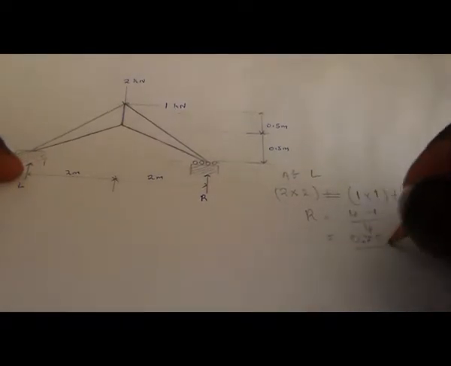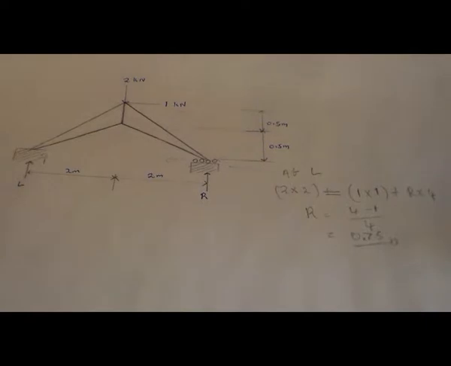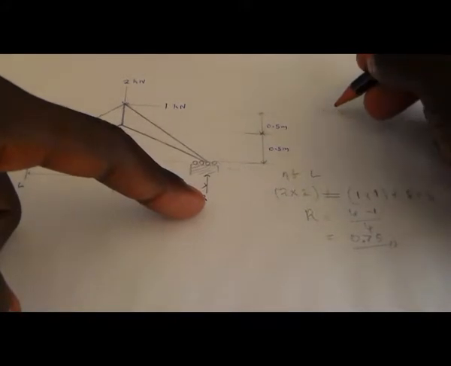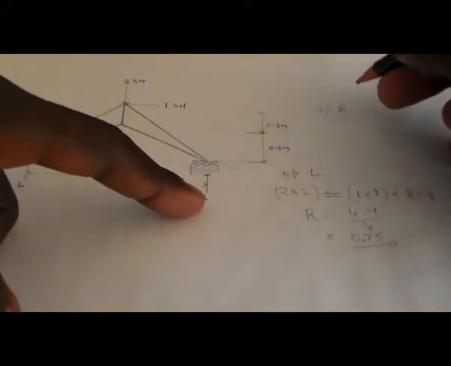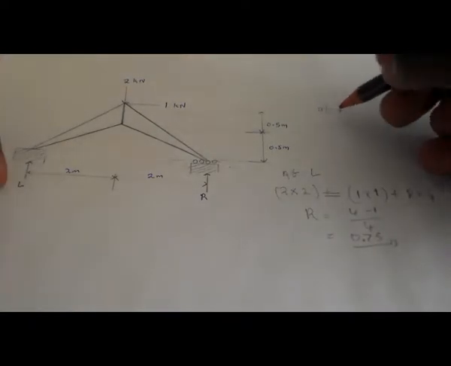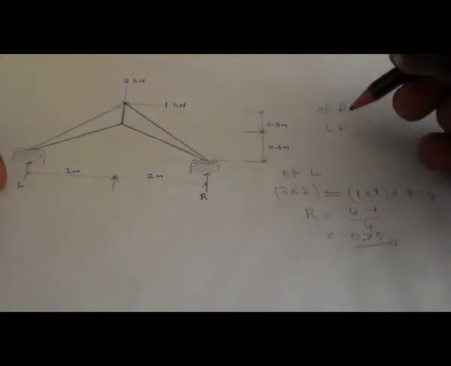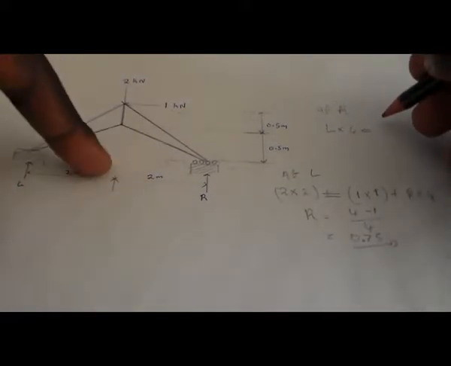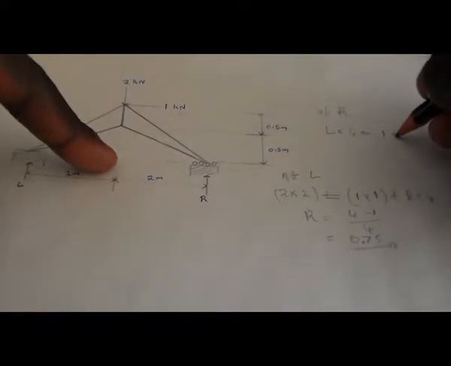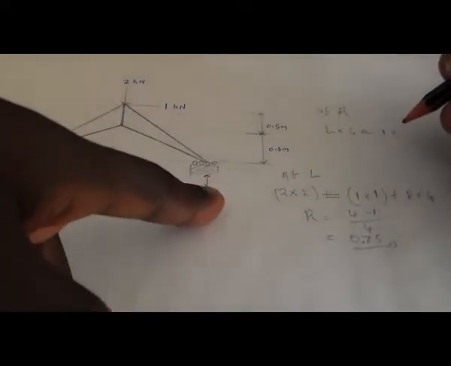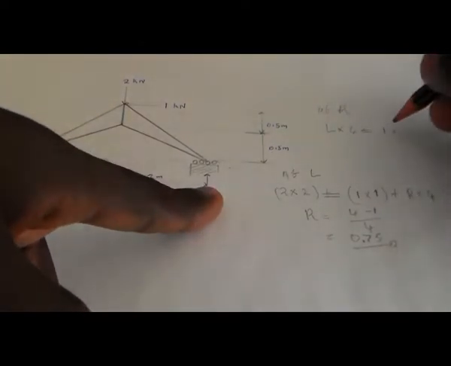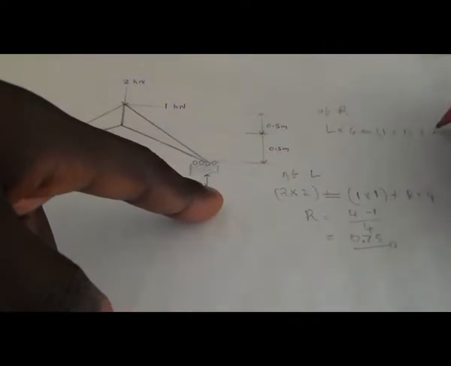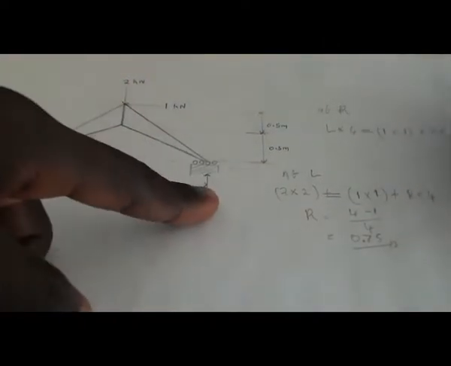Then the other one at R, let's take moments at R. If you're at R, the clockwise forces will be L only. L multiplied by 4 will equal 1 multiplied by 1 plus 2 multiplied by 2.